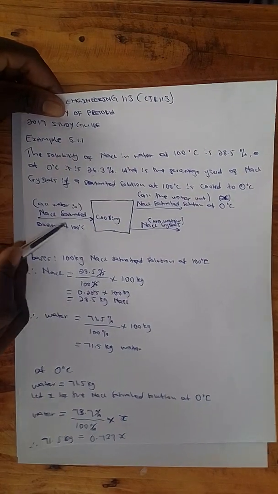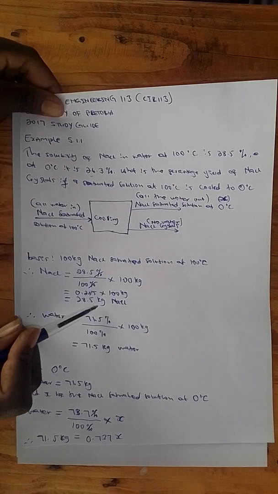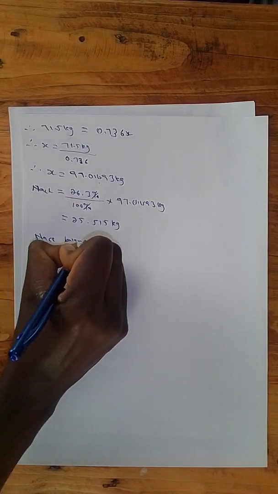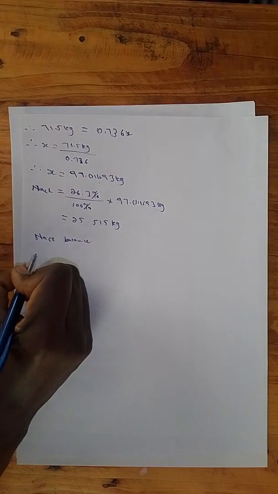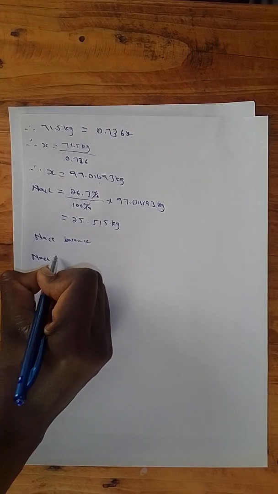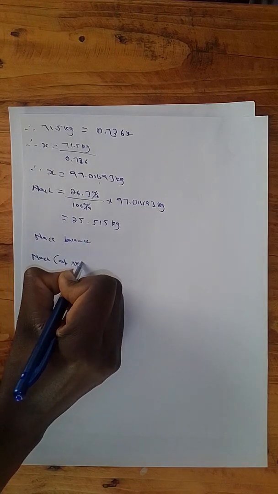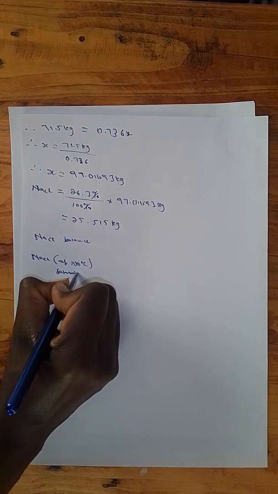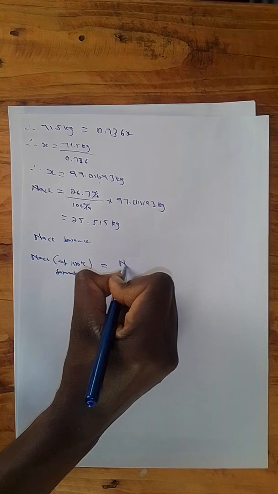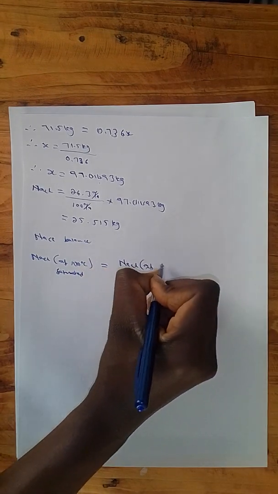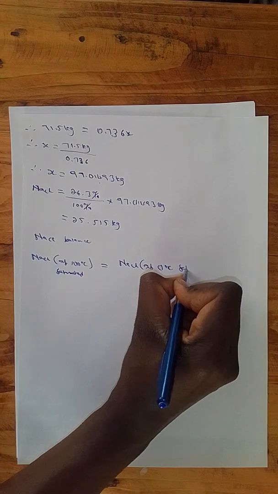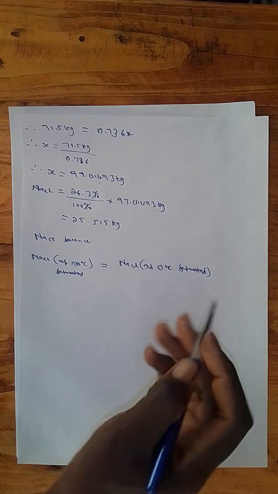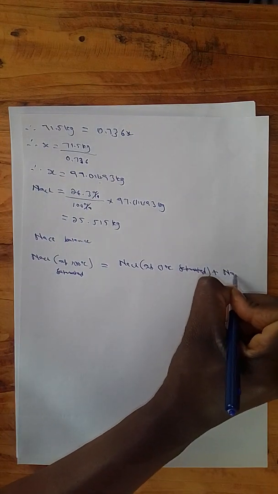But remember, the NaCl that came in here is 28.5 kilograms, which means if we make an NaCl balance, NaCl at 100 degrees Celsius saturated equals NaCl at 0 degrees Celsius saturated plus NaCl crystals.